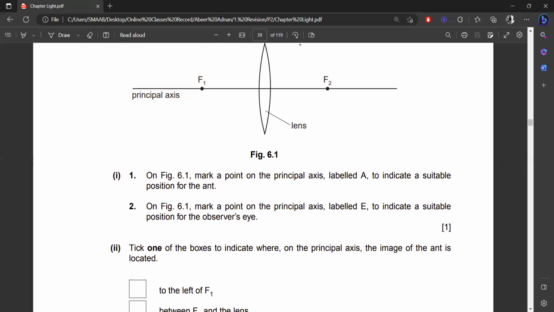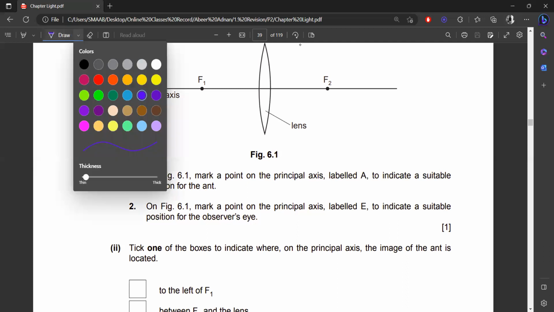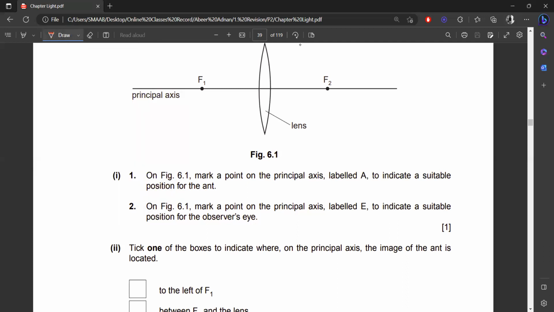So we have to place it between F and the convex lens, because the object is very tiny and we need to observe that ant with high magnification. That's why we place it between F1 and the lens, right? Let's suppose over here, and this is A, right?